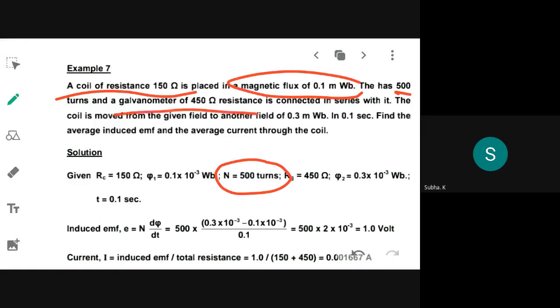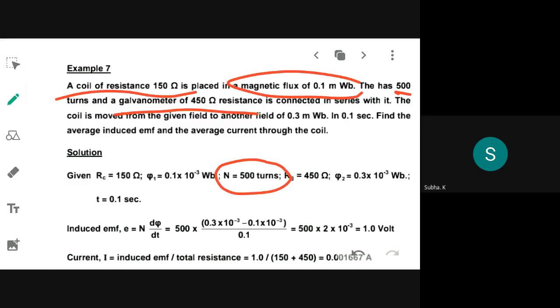You are having one galvanometer connected in series with the coil, and the resistance of the galvanometer is 450 ohm. Then, magnetic flux 0.3 milliweber. That is not another coil, same coil only. Two fluxes there. Initial flux is 0.1 milliweber.